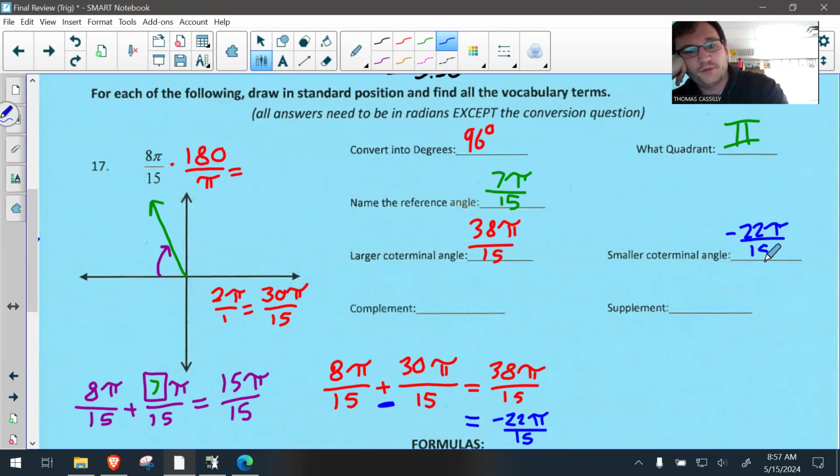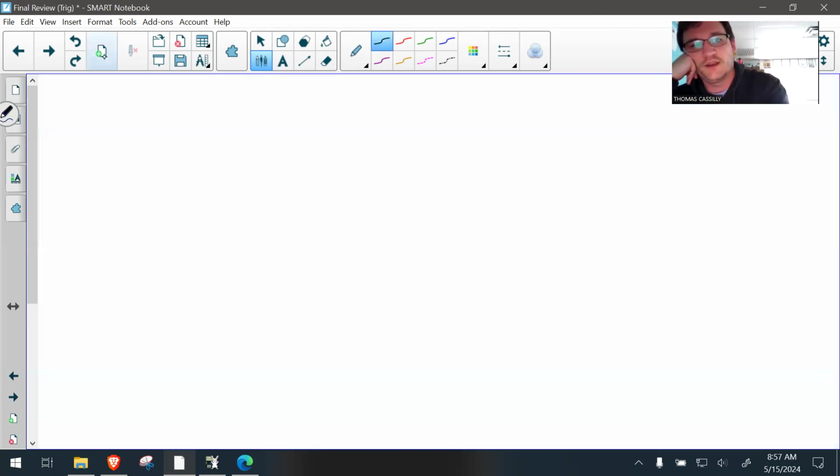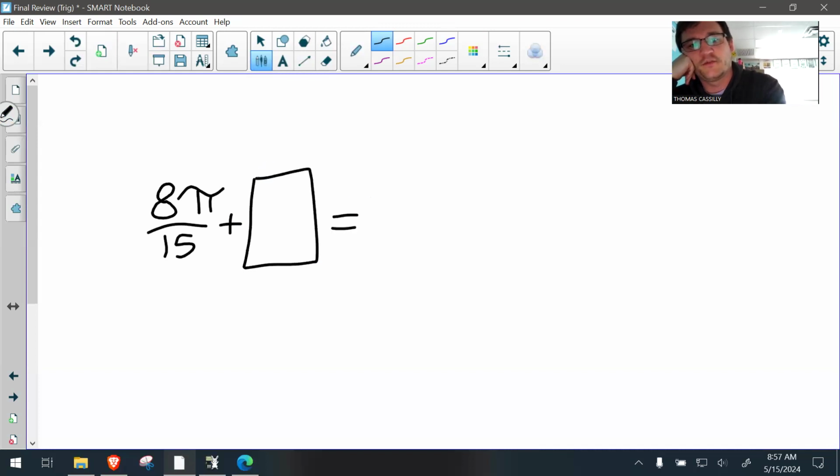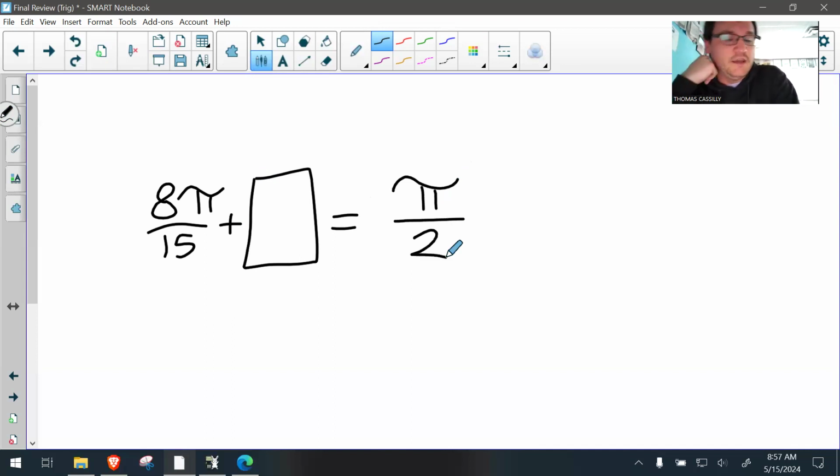All right. The complement, what is going to get us to 90 degrees, or what is going to get us to pi over 2? This one, I'm going to need more room for it. We need 8 pi over 15 plus some fraction to get us to pi over 2. All right, pi over 2 is that 90 degrees here. Let's see here, that's going to be 7.5 pi.